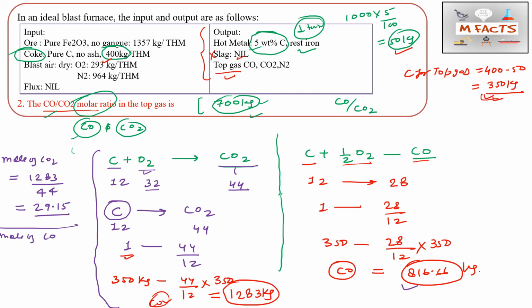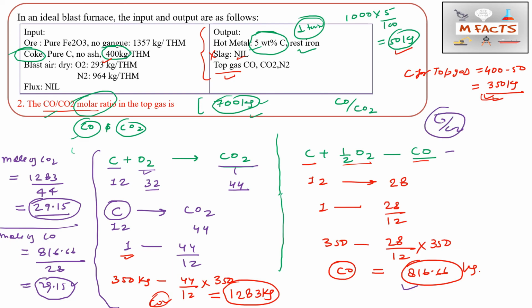CO is in kg, that is 816.66, and we divide it by 28, so we get 29.15. So you can say that CO and CO2 moles are the same. They are asking for the CO by CO2 molar ratio. So 29.15 by 29.15 comes to 1. So the molar ratio of CO by CO2 will be 1. This is the answer for this question.